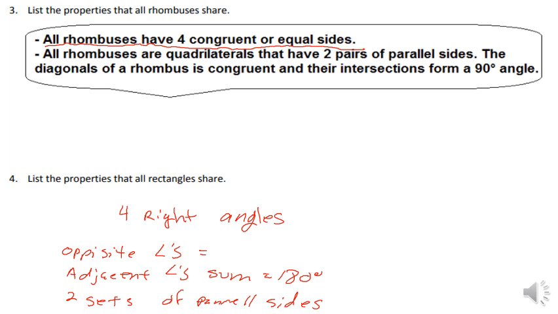But the main key thing for classifying rectangles is the one right here, because opposite angles are equal. That's true about parallelograms. It's true about rhombuses. Adjacent angles sum to 180. That is true for all quadrilaterals. And 2 sets of parallel sides are true for parallelograms also. So the main thing for rectangles is 4 right angles.